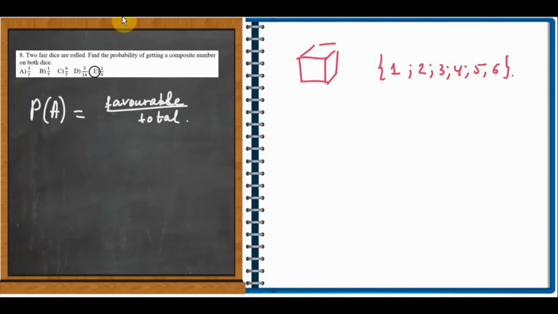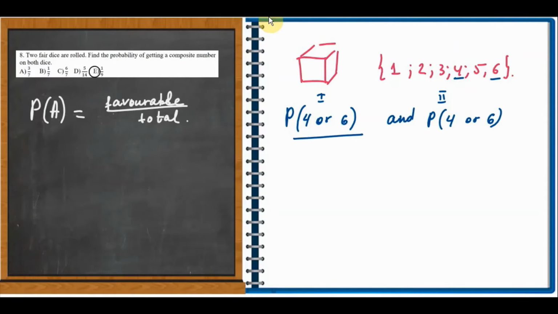Since we need to get a composite number on both of these dice, we need to find the probability of getting 4 or 6, because 4 and 6 are the only composite numbers on the dice. So this is for the first die, and for the second die the same event must happen, 4 or 6. Now they must happen at the same time.